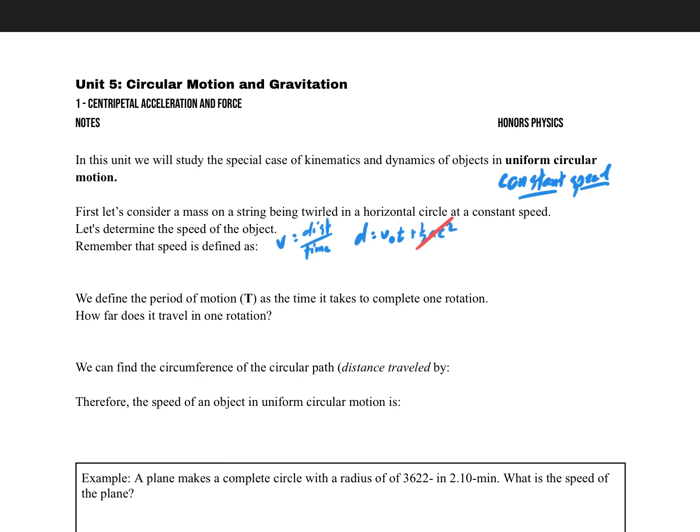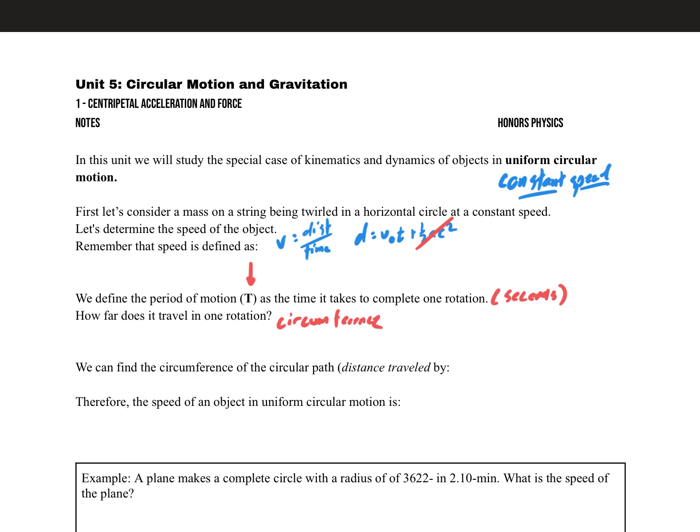The other thing we have to remember is what kind of distance we're traveling. How far it travels in one rotation is a circumference. And we're going to use the period of motion as capital T, and that means the time it takes for one complete rotation, that is in seconds.